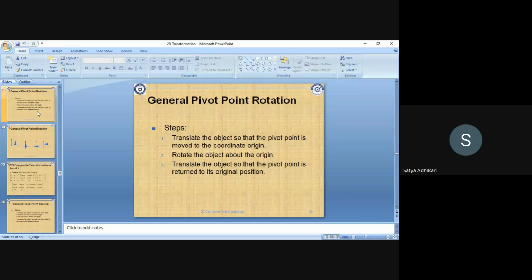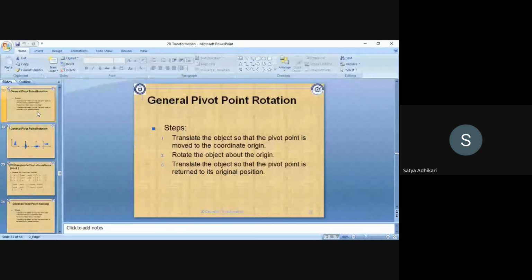Now we can rotate any object with respect to any other point, other than the origin. If it is with respect to the origin, it is easy, you can rotate. But now I want to rotate an object with respect to any other point other than the origin. That point is known as the pivot point.